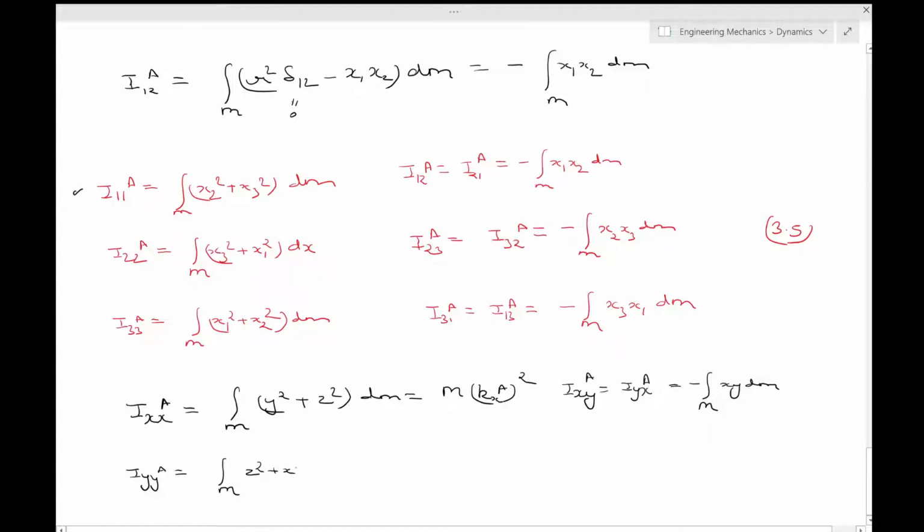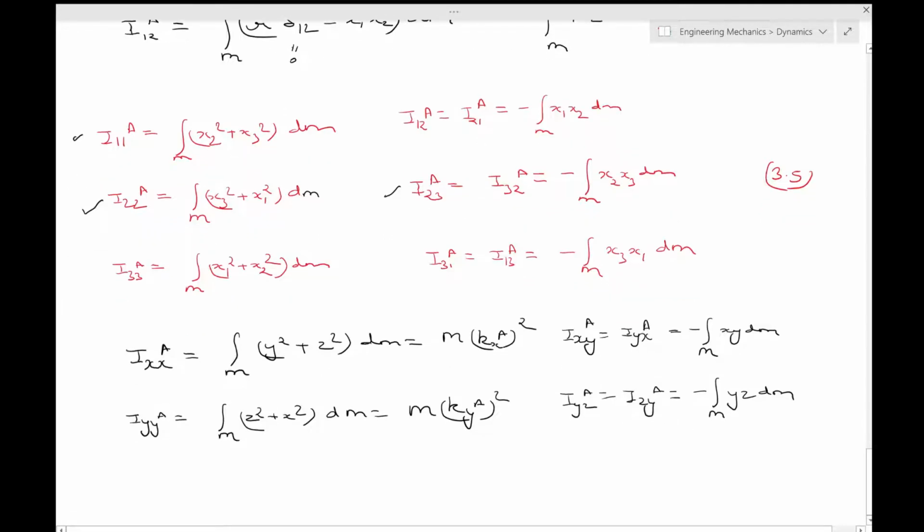Iyy of A is the integral of (z square plus x square) dm, okay, this is m into ky whole square, and this one, Iyz of A is equal to Izy of A is equal to minus of m yz dm.